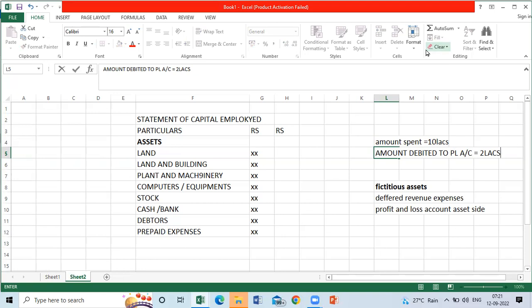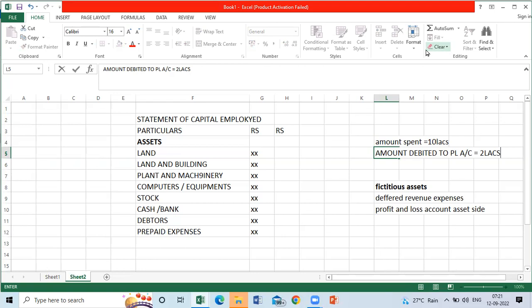Deferred means expenses have been incurred but have been delayed in being recognized as an expense. We have spent the money, but we have not yet recognized it.